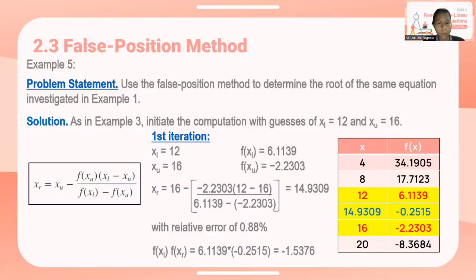So with the product of f(xl) and f(xr), we can conclude that the root lies in the first subinterval and xr becomes the upper limit.